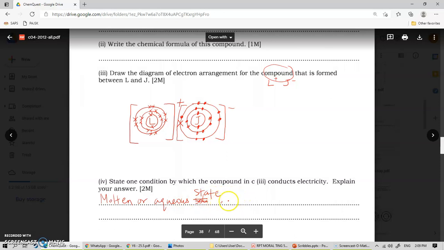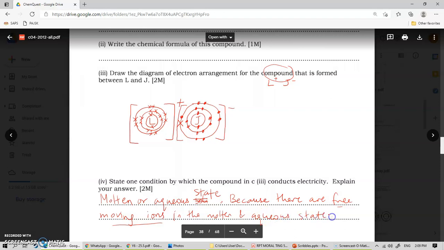Okay, because there are free moving ions. This is a keyword again: free moving ions. There are free moving ions in the molten and aqueous state.